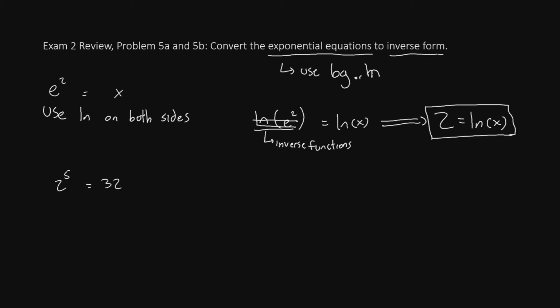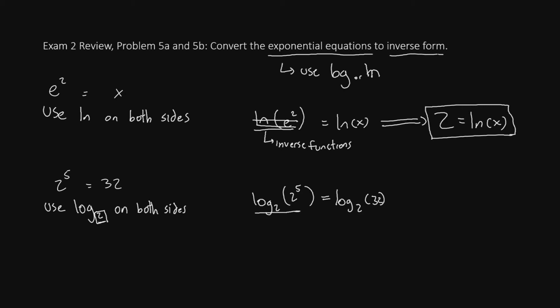Now, if you don't have e, and instead have the number 2 or something like it, we would use a common log, and that common log must be a base of 2, written like this, log 2 on both sides, with the 2 in a subscript. So when we write that, we'll have log base 2 of 2 to the 5th, log base 2 of 32.